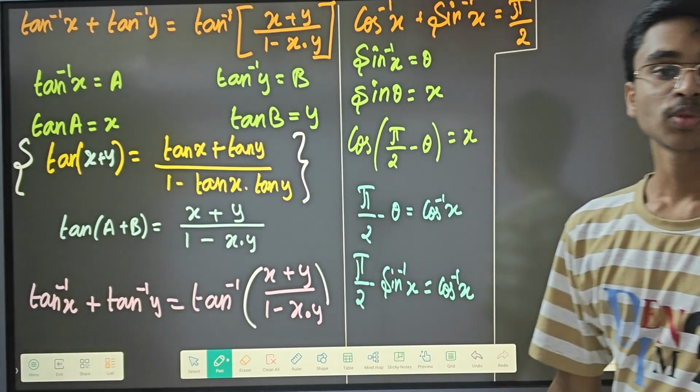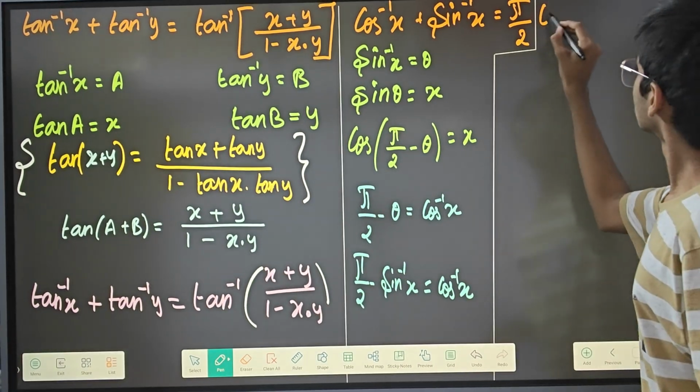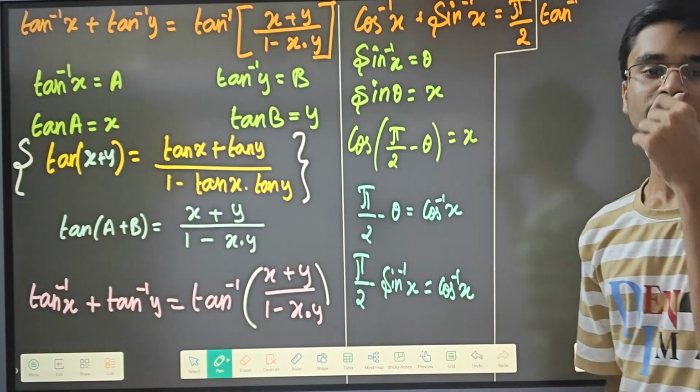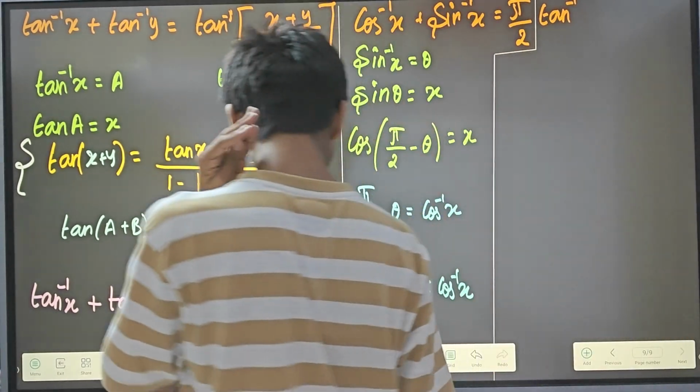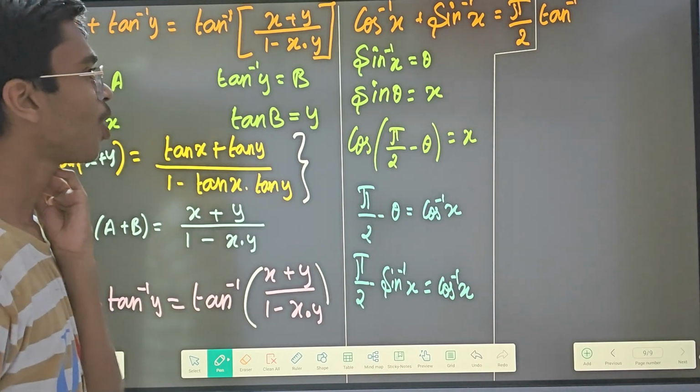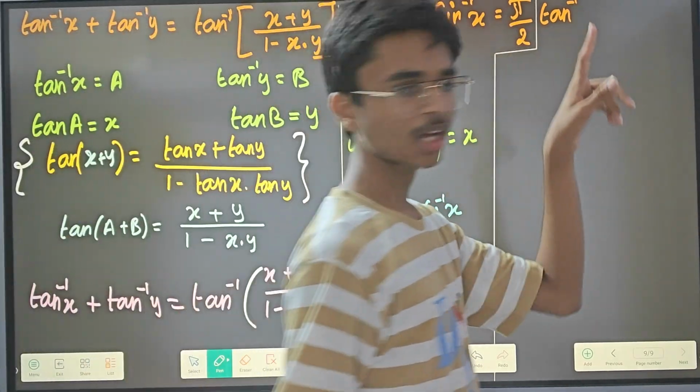Now we are going to prove for tan inverse. For every trigonometric function you are going to choose the first quadrant, because the first quadrant is what will be apt. Then only you will be getting the desired formula.